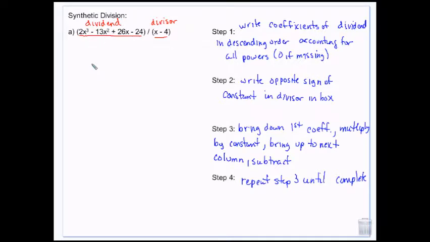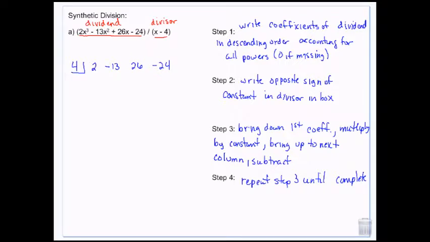So I'm going to write these numbers: 2, negative 13, 26, and negative 24 from the dividend. Okay? And then I put a box over here. And since this is negative 4, I put a positive 4 right there. If it was positive 4, I'd put a negative 4 right there.